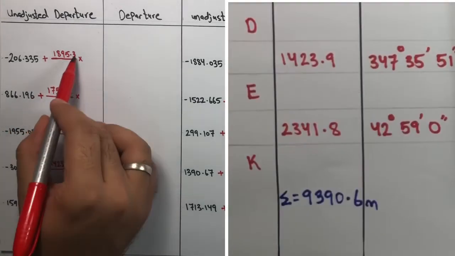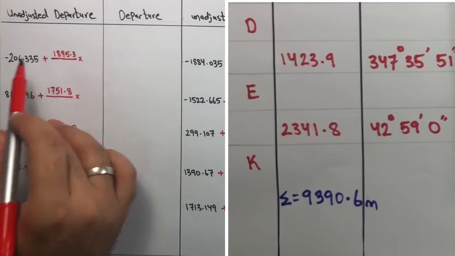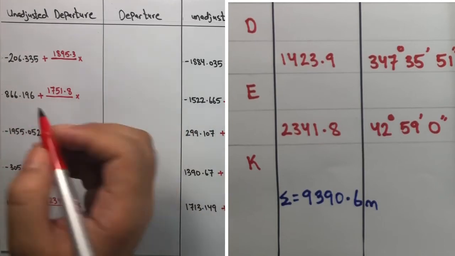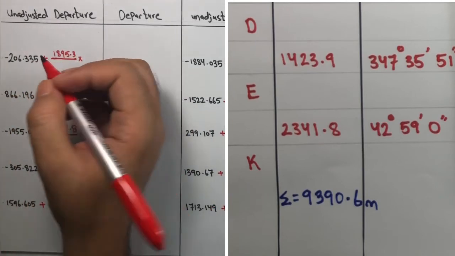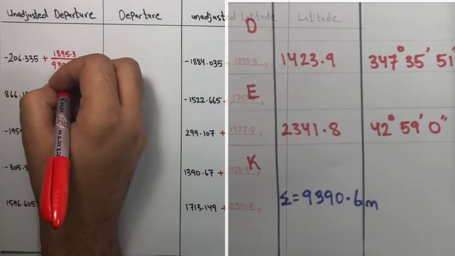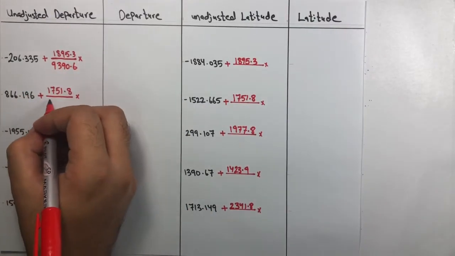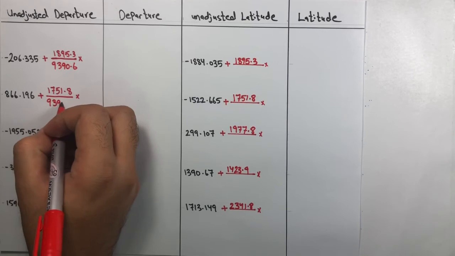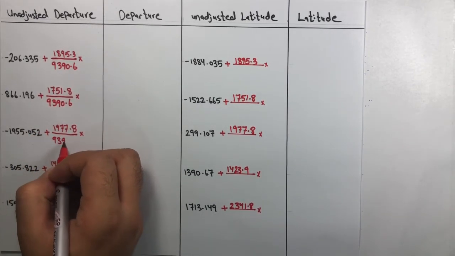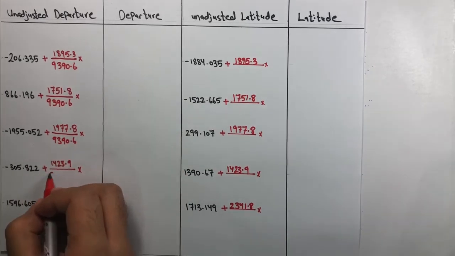So we will divide the length of each line by the total length of the traverse. The total length of the traverse, as shown in the last page, was 9390.6. So this will be the same for all of the lines on both sides.